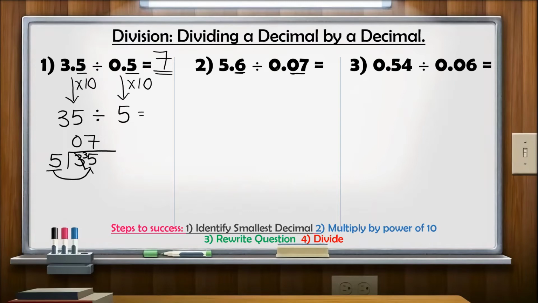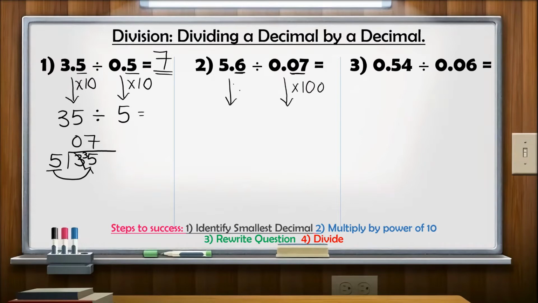Now that step 1 is complete, I'm now going to move on to step 2. I want to get my smaller decimal to a whole number. So 0.07, therefore, is going to be multiplied by 100. I'm going to do the same to my remaining decimal.